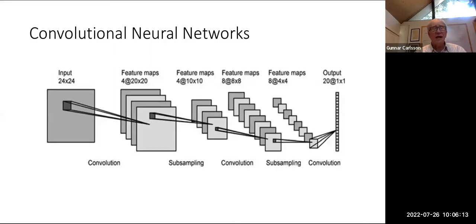The connections are not every node in layer 1 connecting with every node in layer 2, but rather only to the ones that belong to points that are nearby in the metric, if you like, on the grid space. So there's this locality of connection. When I'm in the upper left-hand corner of the input, it will feed only into the upper left-hand corner of the feature maps at the next layer, and that's called a convolutional neural network.